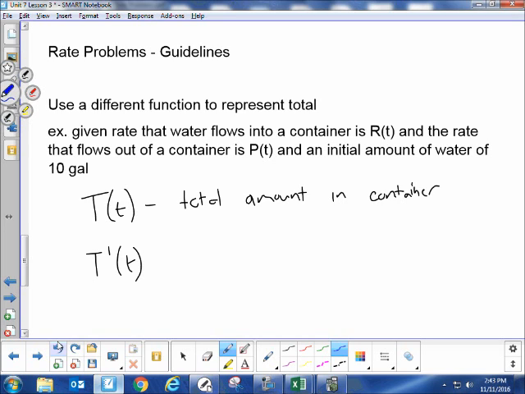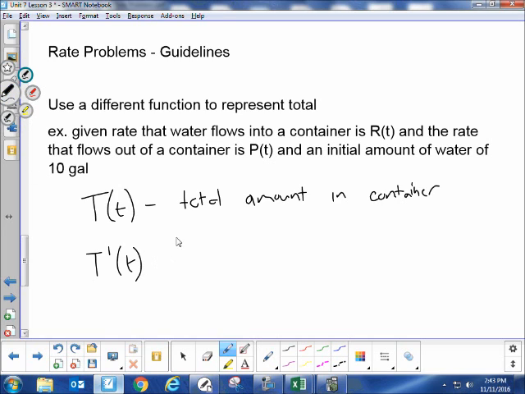What do you think? So the rate at which it flows into the container. However, there's water flowing out of the container as well. The difference between the two is exactly right.